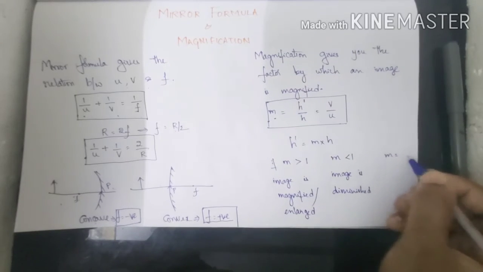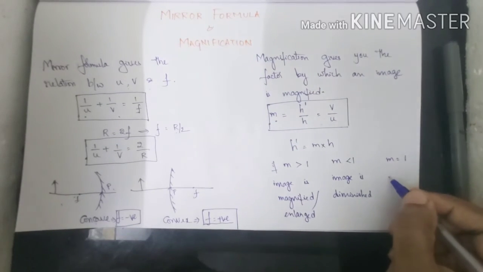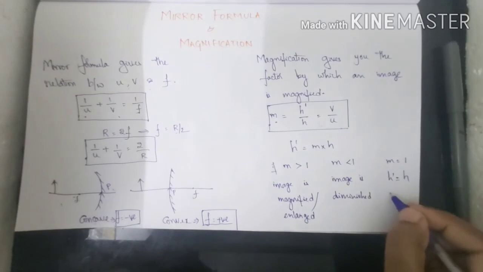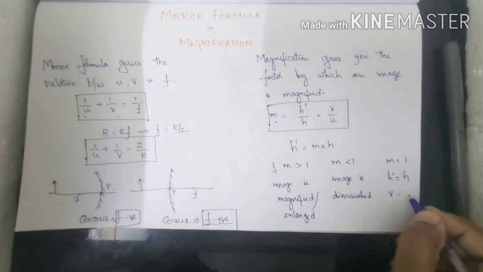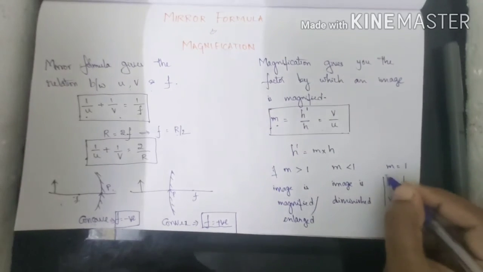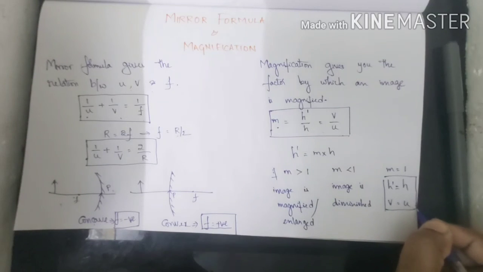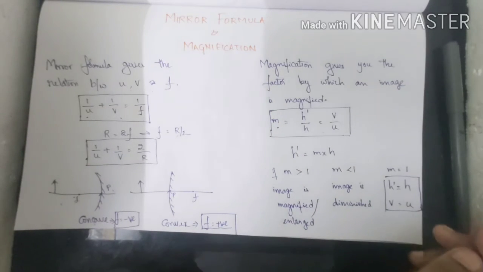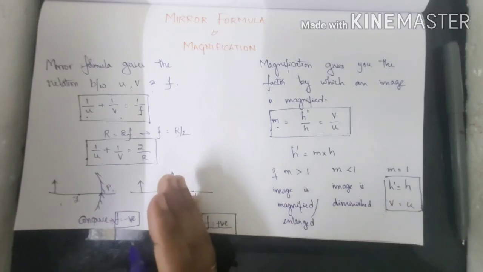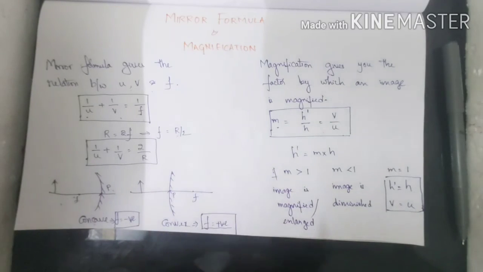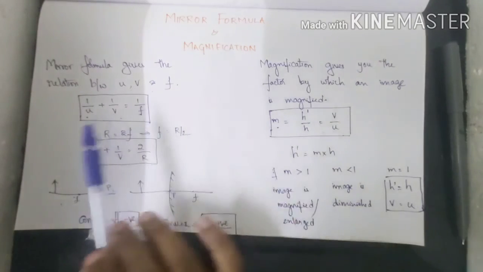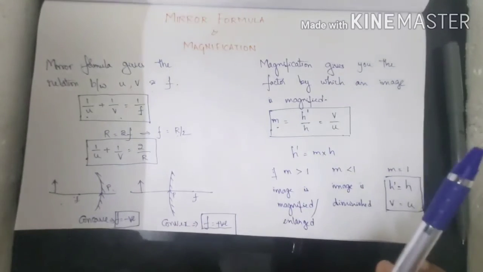If m is equals to 1, height of the image is equals to height of the object, or distance of the image is equals to distance of the object, which means the image is the same size as the object, or the distance of the image is exactly the distance of the object from the mirror. So this is all about mirror formula and magnification.